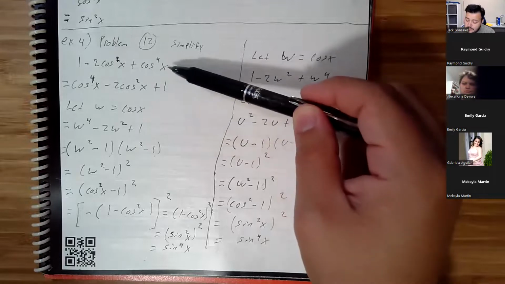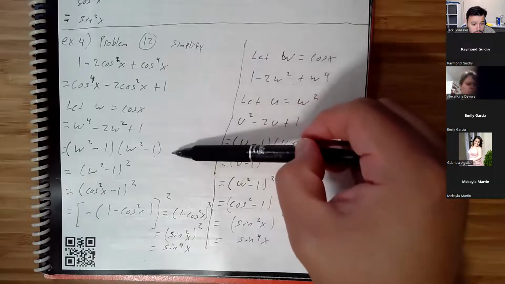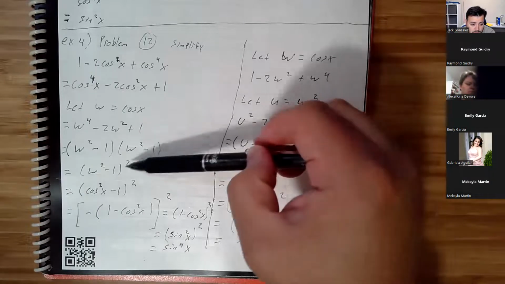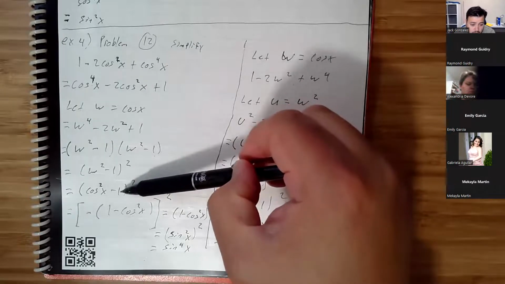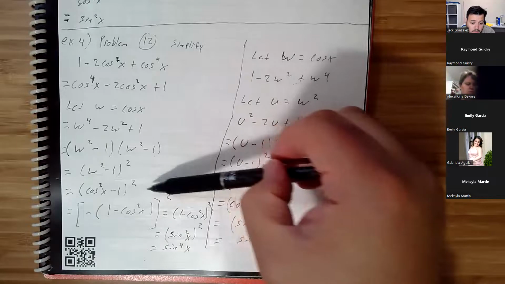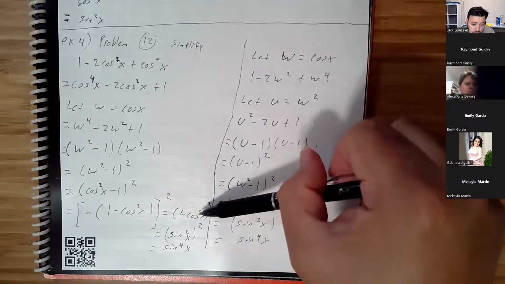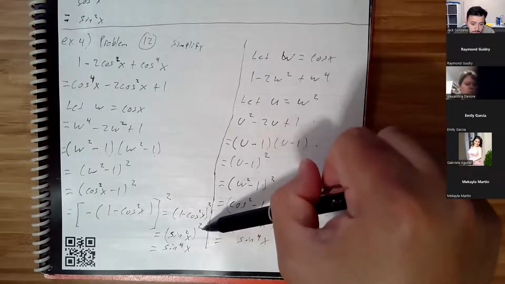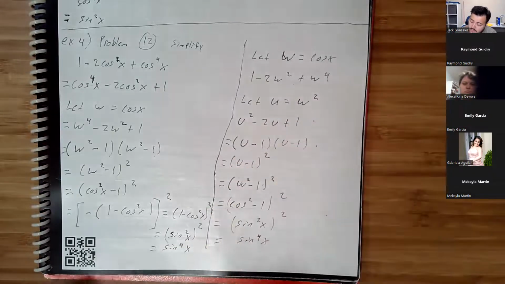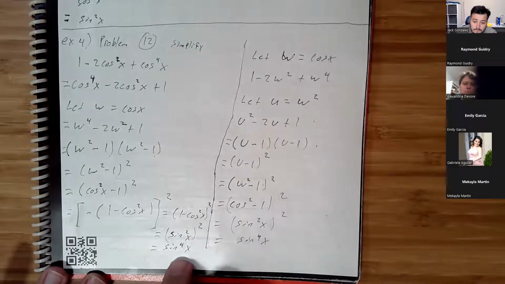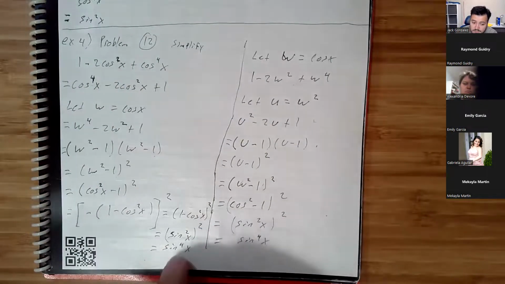We switched this one right here into W's just because we factored it. This became the factorization. We went back to cosine, because that's what we're actually working with. This part was just fancy algebra, which got us to here, which is what we needed to get to sine squared. Sine squared squared is sine to the fourth. So the answer is going to be this, sine to the fourth. So this whole thing becomes this.